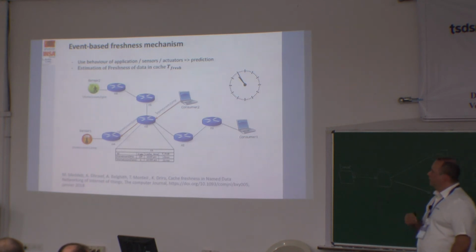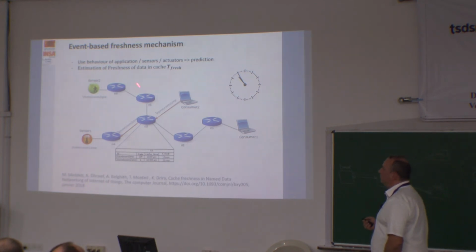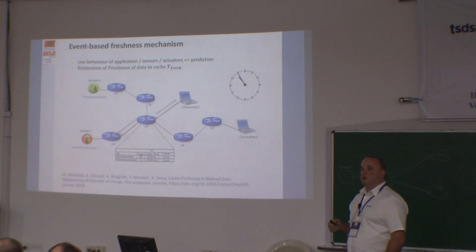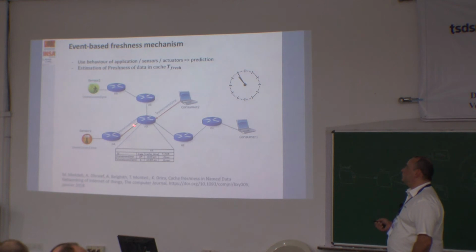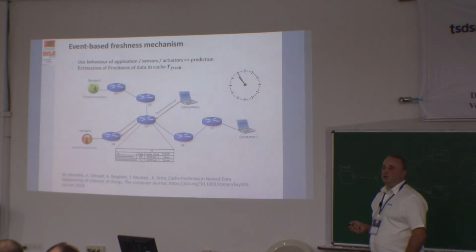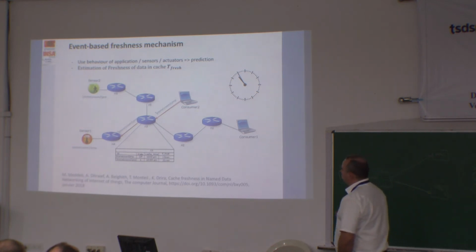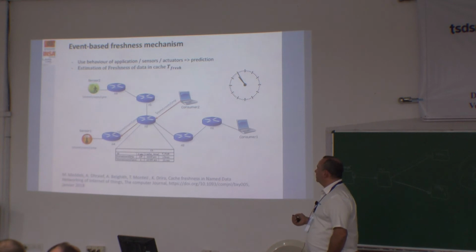So we study, for example, if it's a periodic information, and we make an evaluation of freshness of data on the network. And if the information is too old on the network, we can produce a request to the producer to anticipate a need for a specific application. So we improve the response time for the user.